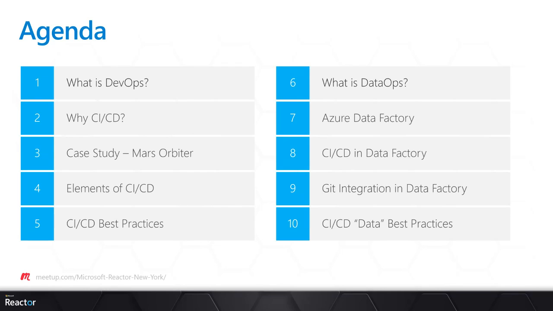Then we're going to shift gears a little bit. Instead of talking about generic CI/CD, we're going to dive into the specifics around DataOps, what DataOps actually means, and specifically Microsoft's tooling in that arena, Data Factory. Then we'll drill into some CI/CD components of Data Factory, talk about Git integration there, and close it all up with the CI/CD data best practices, which are going to be slightly different than our generic CI/CD practices.